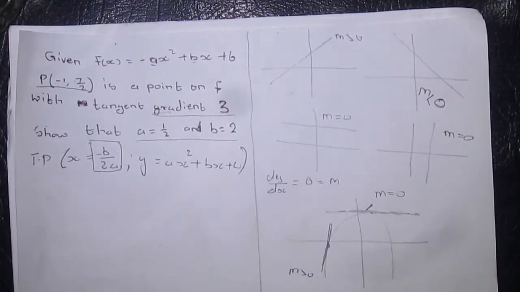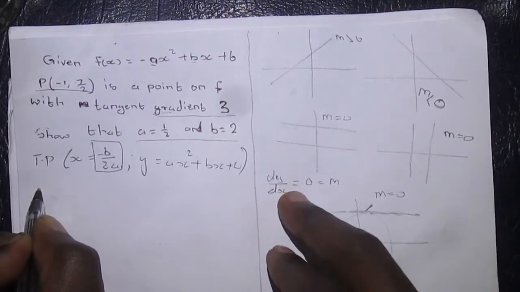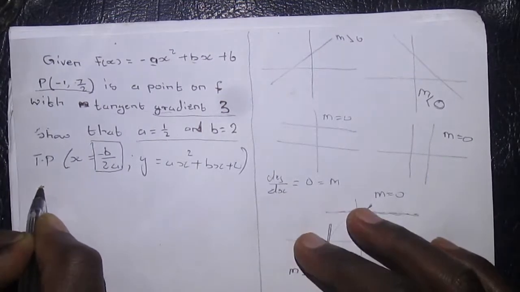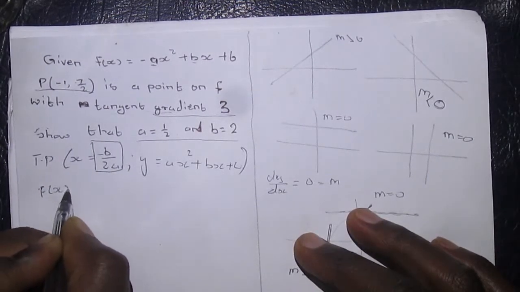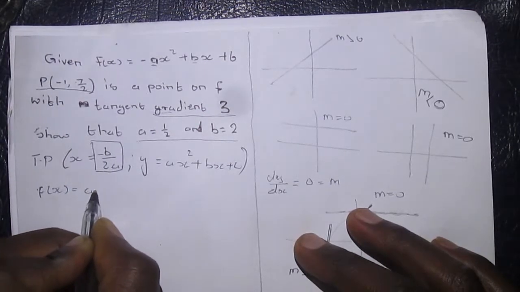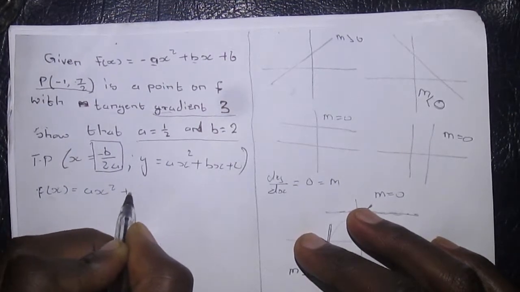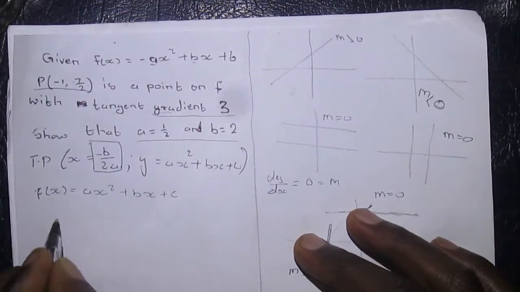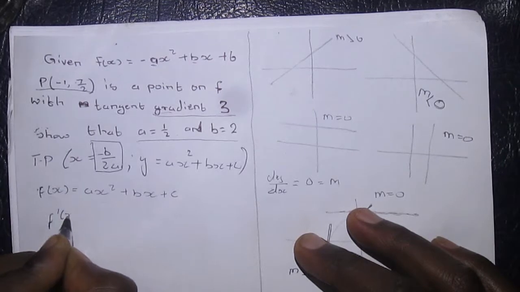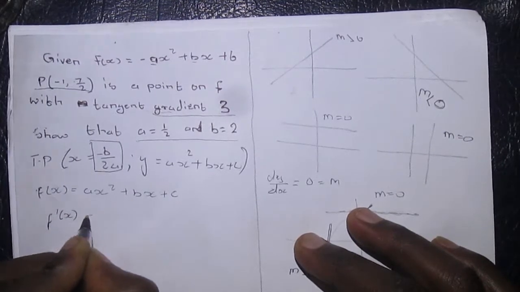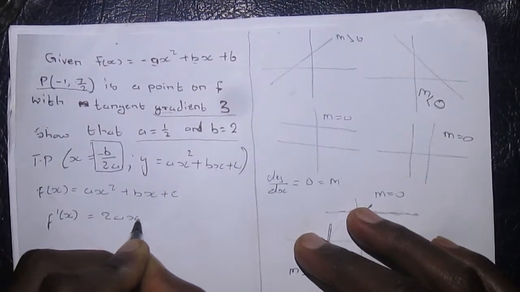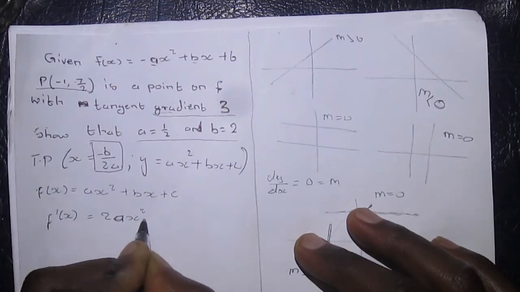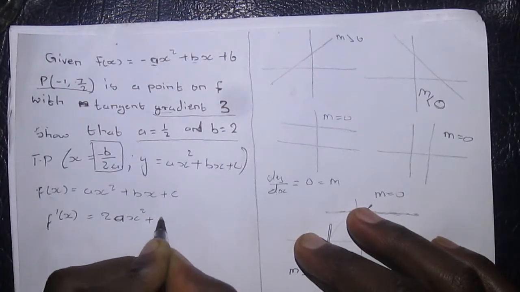Now this formula, where does it come from? That formula comes from deriving using dy over dx. Deriving f of x is equal to ax squared plus bx plus c. If I were to derive this, f derivative of x is equal to 2ax plus b.